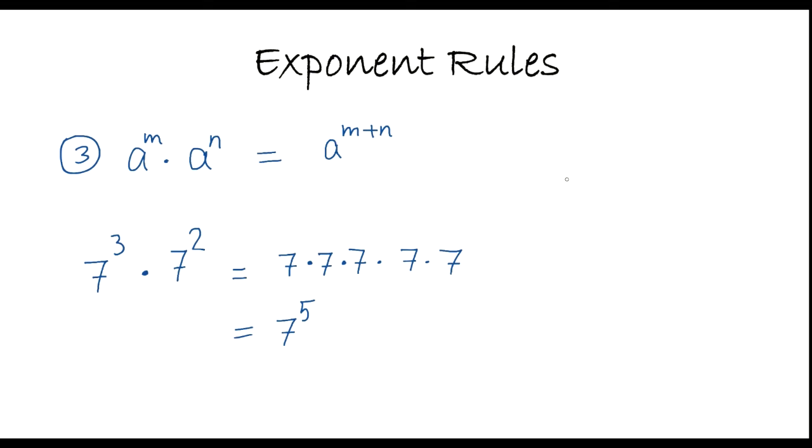Without the expansion, we can easily write 7 to the power 3 multiplied with 7 to the power 2 will give us 7 to the power 3 plus 2. We get 5 here as a power. So that's the explanation here.